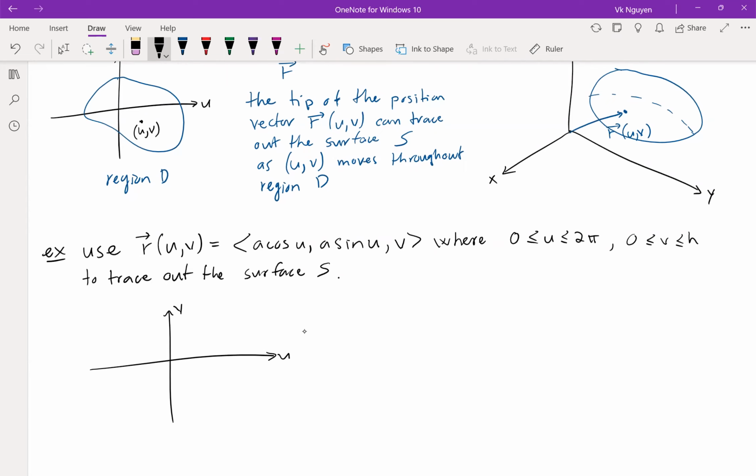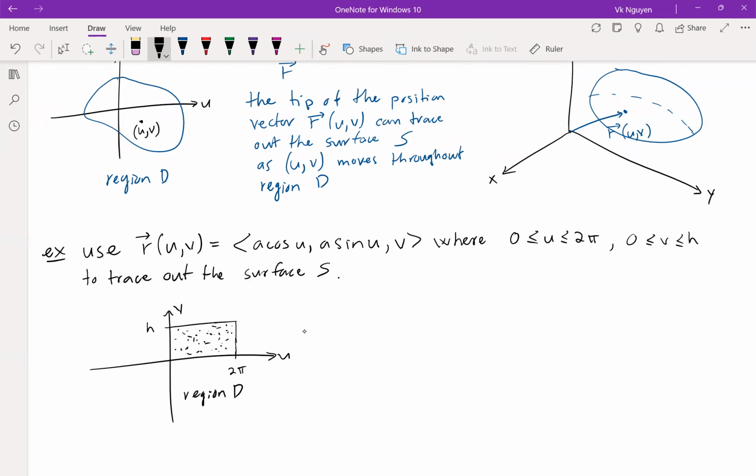Right? So we know u goes from 0 to 2 pi, v goes from 0 to h, and thus we have a region D.